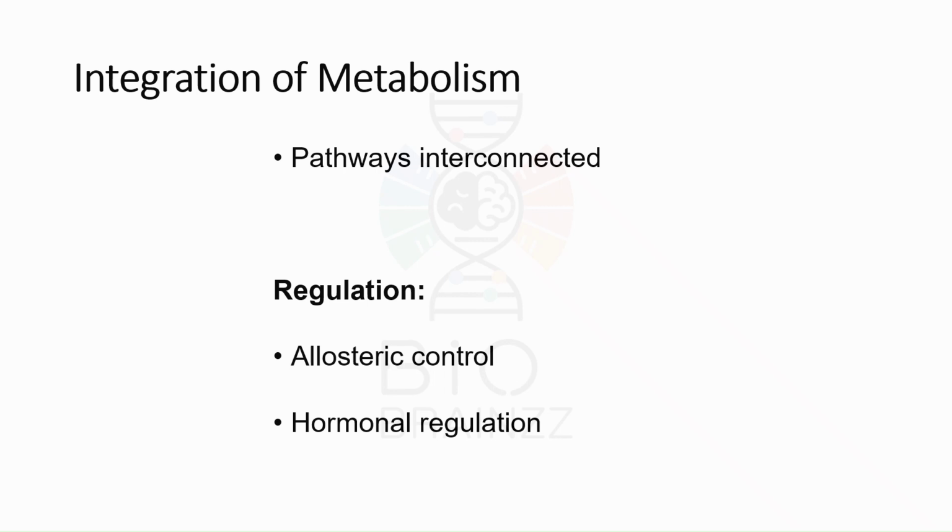For example, excess carbohydrates can be converted into fats, and amino acids can enter metabolic pathways at different points. This integration allows the body to adapt to different conditions like fasting or feeding. Regulation of these pathways occurs through hormones, which is very important for maintaining balance.